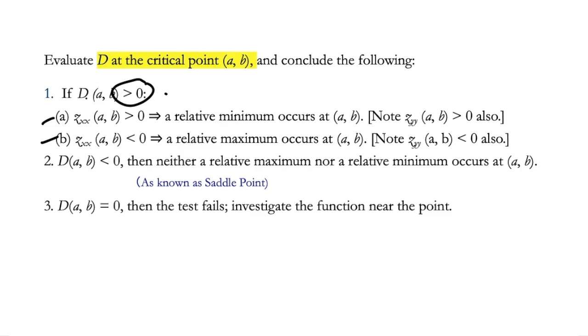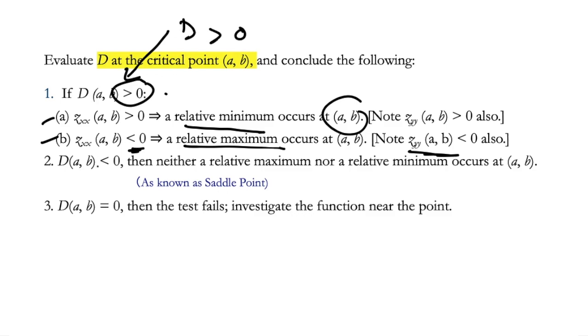So as long as D is a positive value, then if zxx is greater than 0 and zyy is also greater than 0, we have a relative minimum at this particular critical point. But if zxx is less than 0 and zyy is also less than 0, then we have a relative maximum. This is only if D is greater than 0.